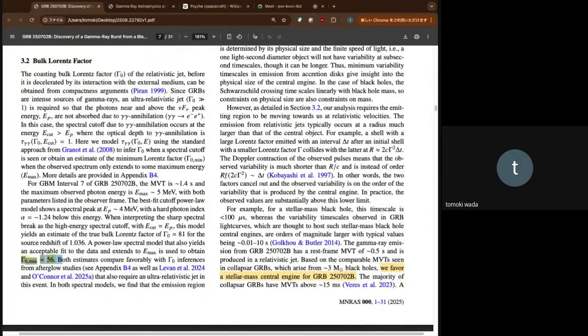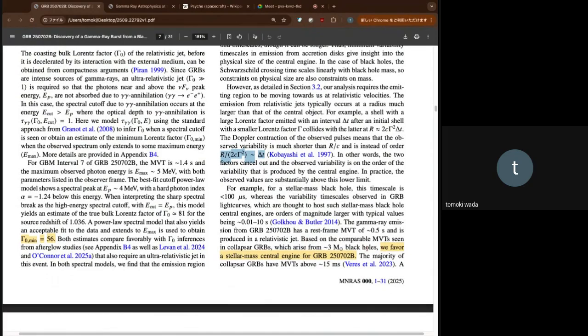And from the variability time scale, we can put constraint on the size of progenitors. And using this kind of relation, they conclude that we favor stellar mass central engine.